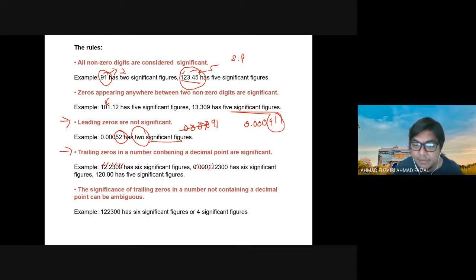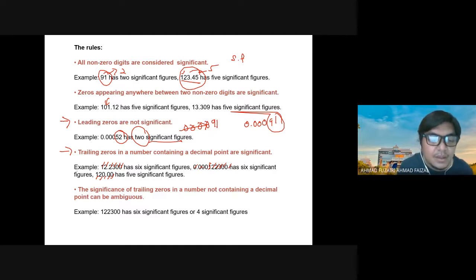In the decimal point, that includes zeros after the significant figure. For example, 123456 has 6 significant figures, and 120.00 has 5 significant figures. Okay, the decimal point has 5 significant figures.